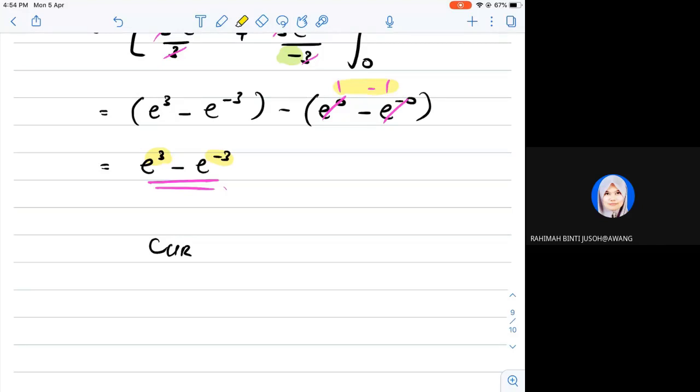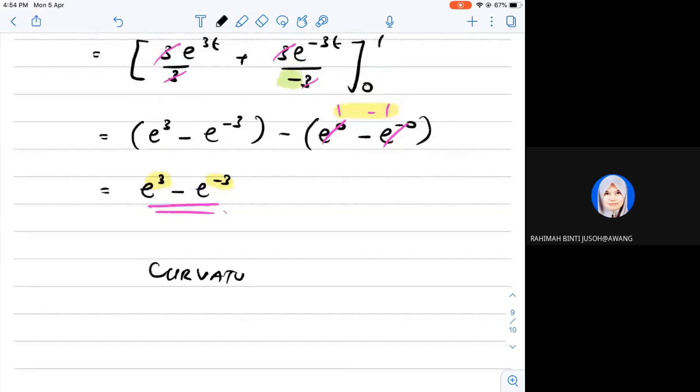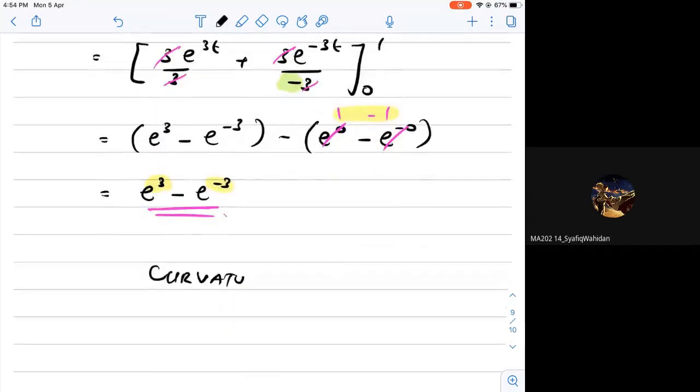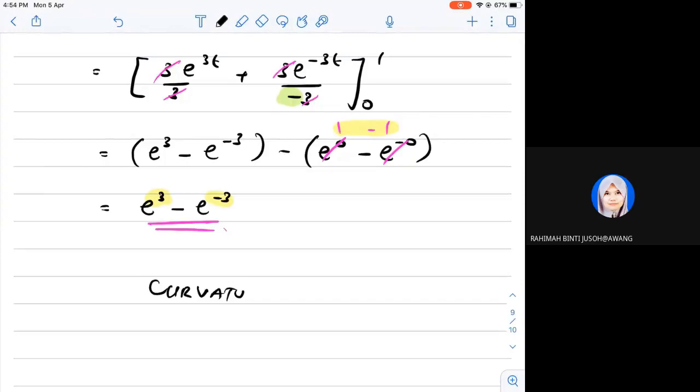Eksponen 0 1 kan? Eksponen 0 1 betul. Lepas tu tolak dengan eksponen kuasa negatif 0 kan? Dia jadi negatif 1 bukan? Tak. Eksponen negatif 0 bersamaan dengan 1 per eksponen 0, isn't it? So sama dengan 1 lah. Okay, faham ke? Okay, alright.